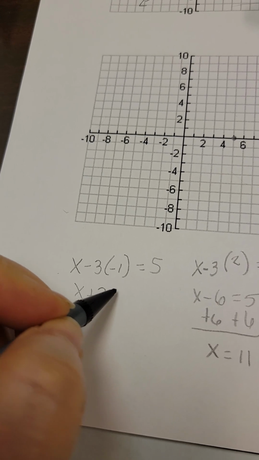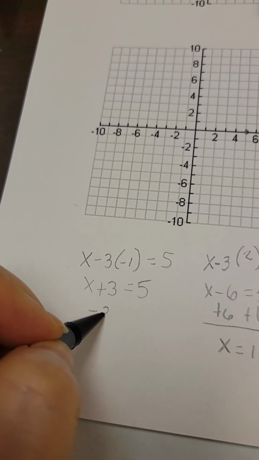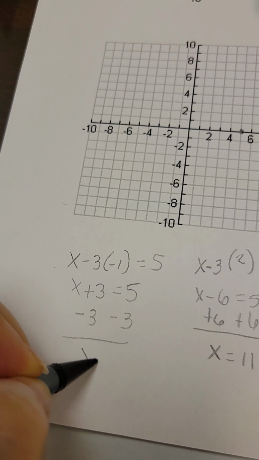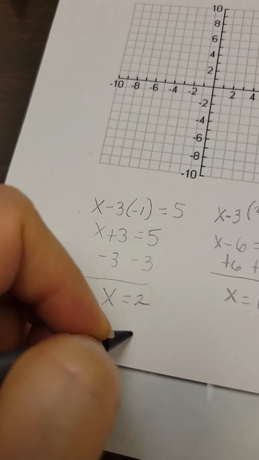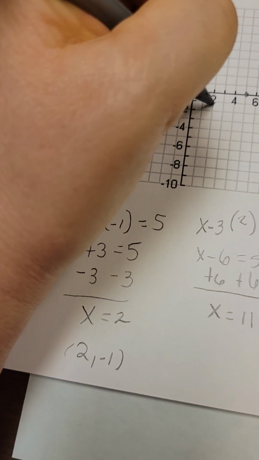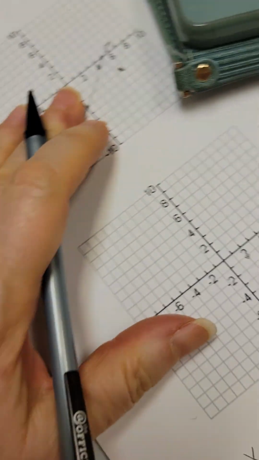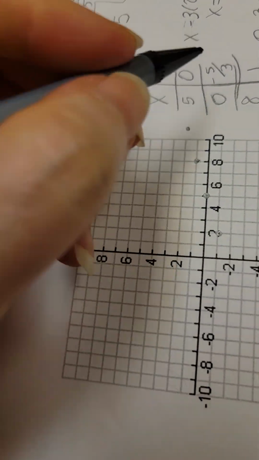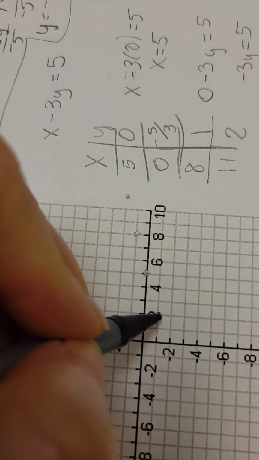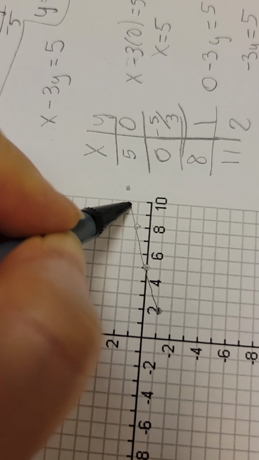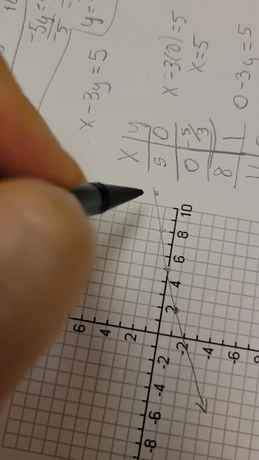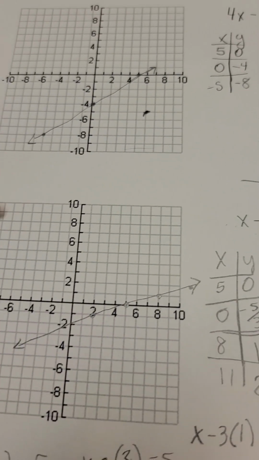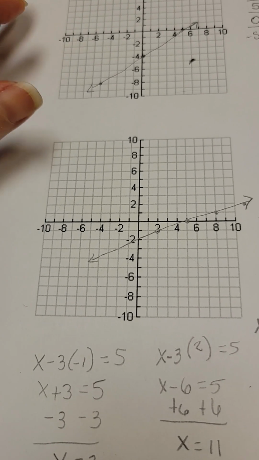X plus 3 equals 5. Subtract 3. X equals 2. So that would be 2, negative 1. So I gotta turn my paper. Okay. I hope that helps.